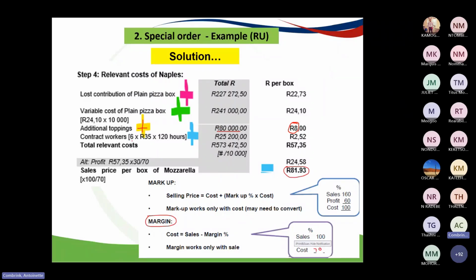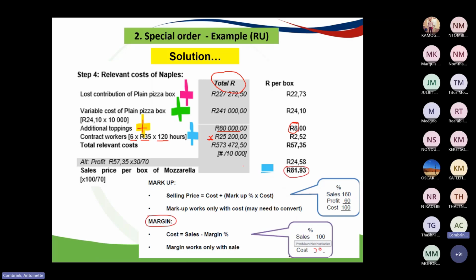Then my contract workers, I'm going to have 6 of them, charging 35 Rand each per hour at the 120 hours they're going to need. That's how I can calculate my contract workers. Then I can divide by the 10,000 to get it per box. So there's more than one way of doing it.